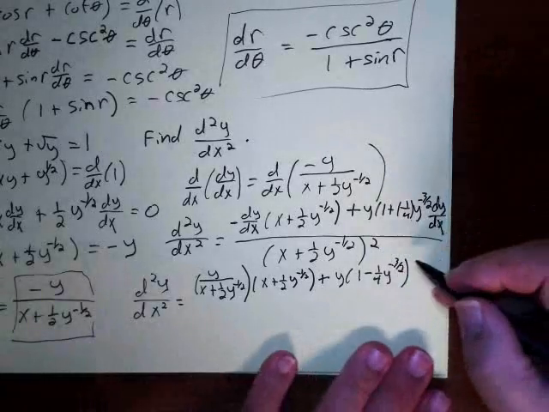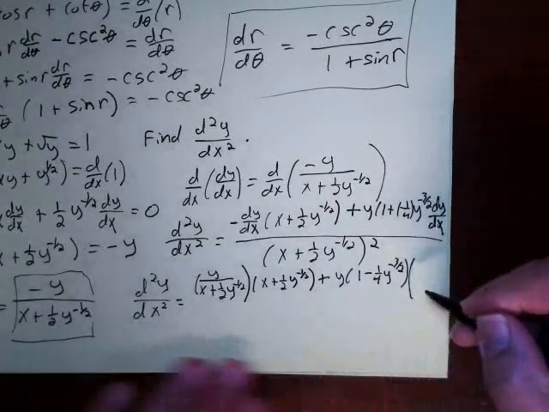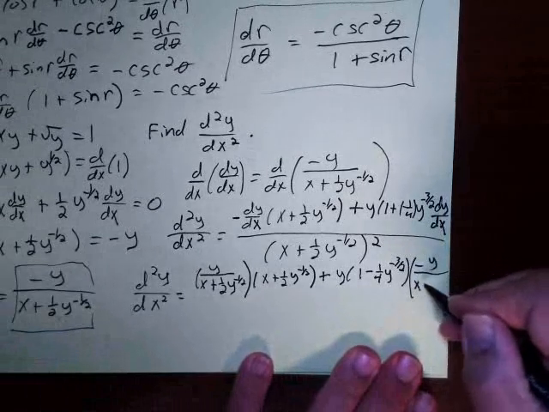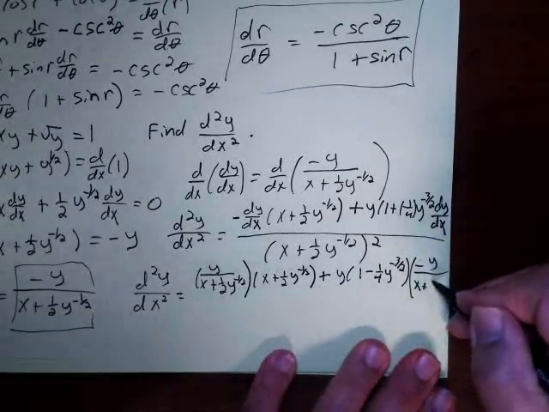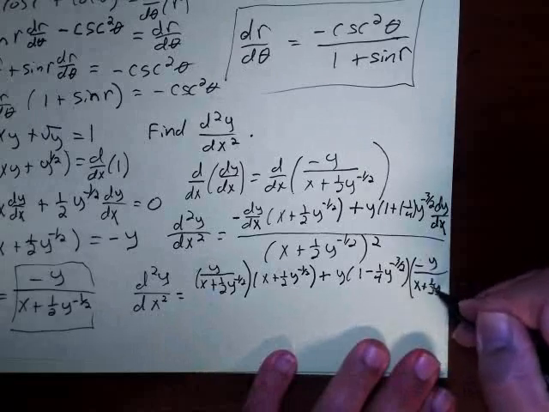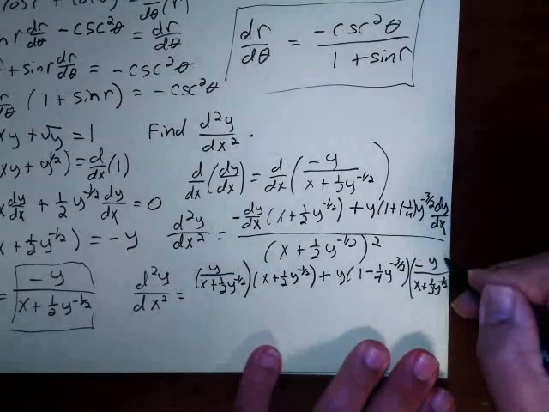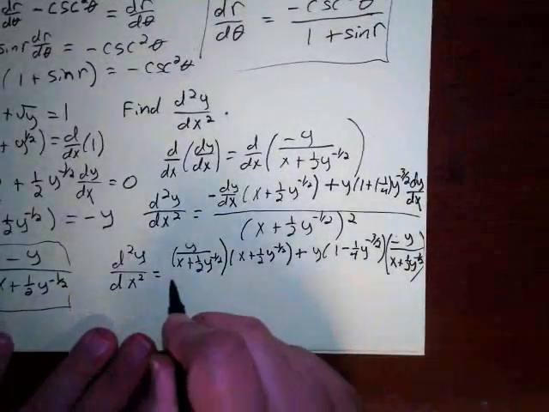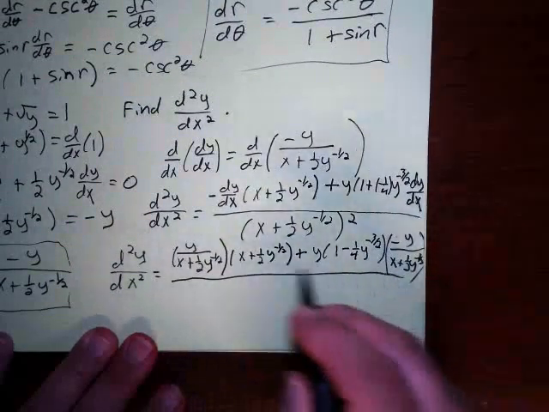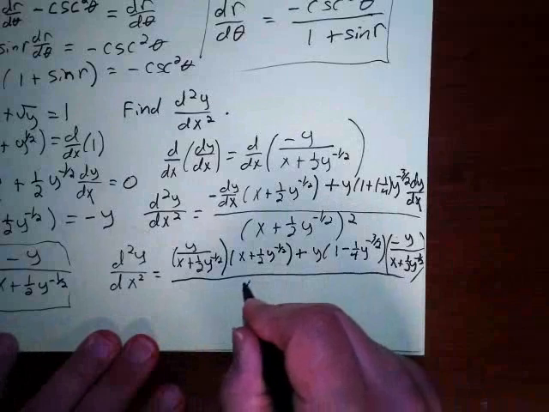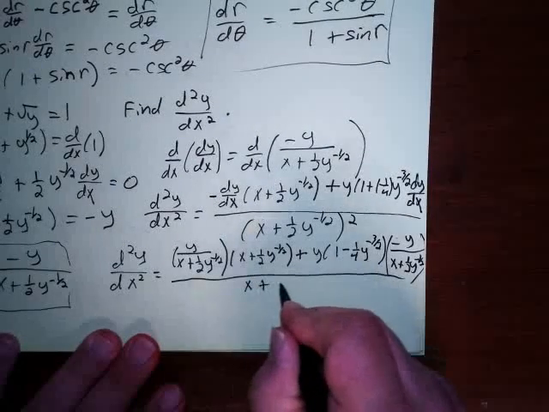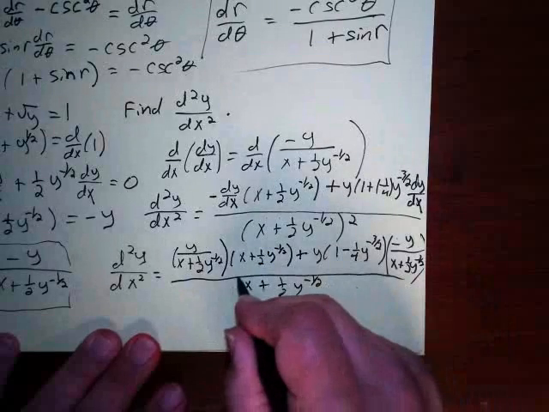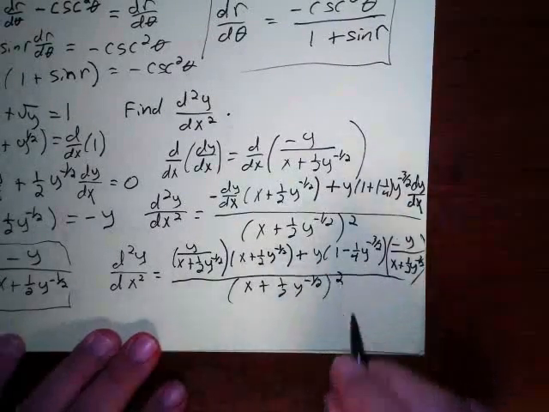And then you have a dy/dx, so then you have to put this all in there: negative y over x plus 1/2 y to the negative 1/2. And I am sorry, I'm running out of room here, but then all of this over x plus 1/2 y to the negative 1/2, that squared.